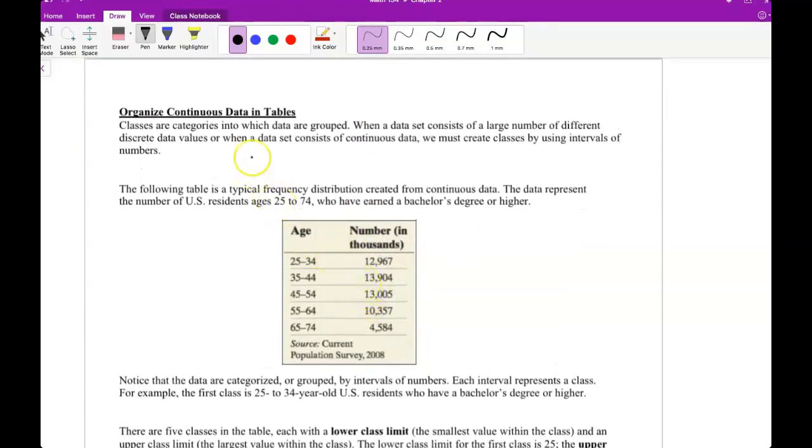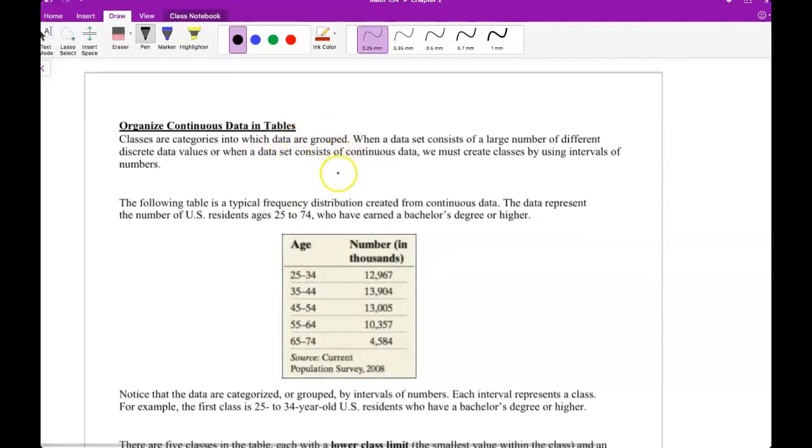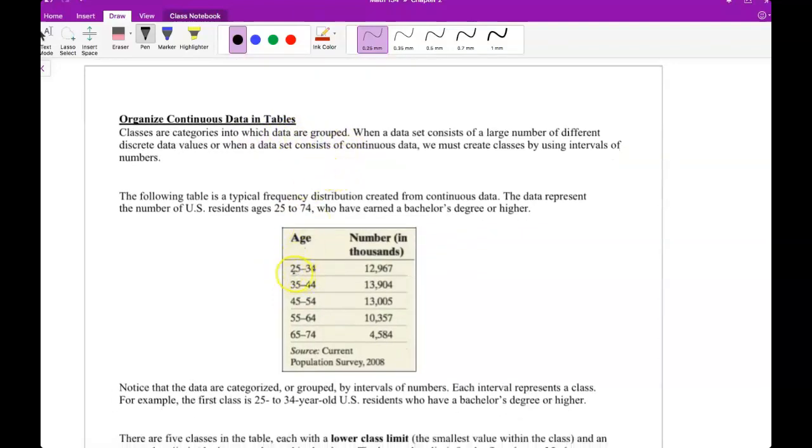Next page. We want to organize continuous data in tables. So instead of having discrete data, now we have continuous. When we have continuous data, we're going to use intervals because we don't know exactly how many numbers we have. That's why we're going to use intervals.